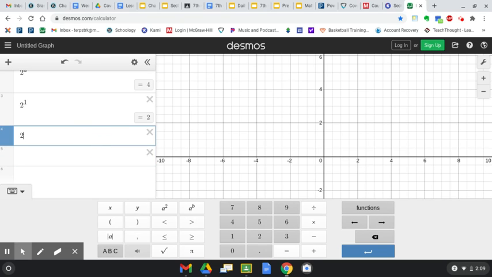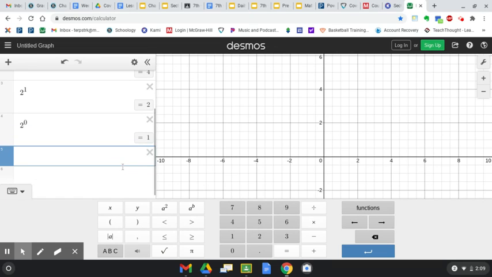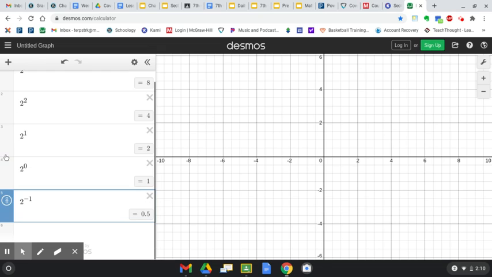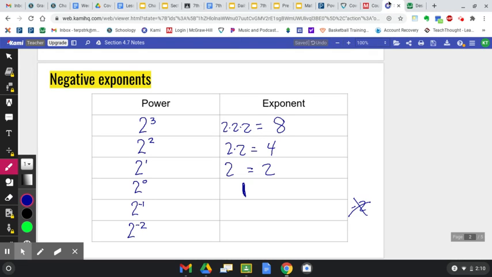We can go 2 raised to the 0, which is 1. Now, here's what we really want to look at. 2 raised to the negative first. Okay, we see 0.5. So it's actually a decimal, which is a decimal less than 1 or a fraction less than 1. And what's nice about decimals is you have this button over here that'll click it and convert that to a fraction for me. So it's really 1/2.